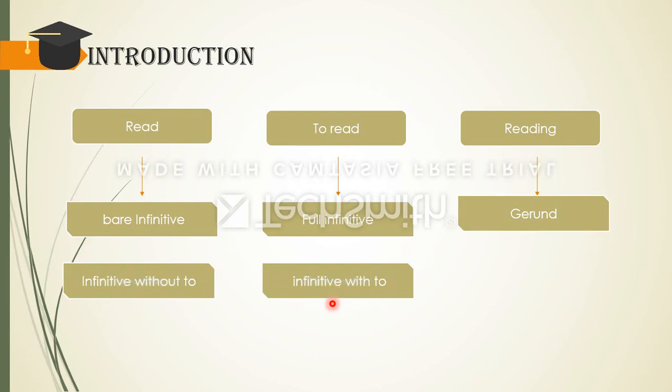We can also speak about to plus the verb, and this is called the full infinitive, or the infinitive with to. And then we can have the verb plus ing, and this is called the gerund.